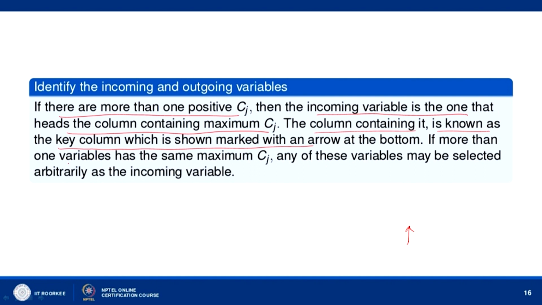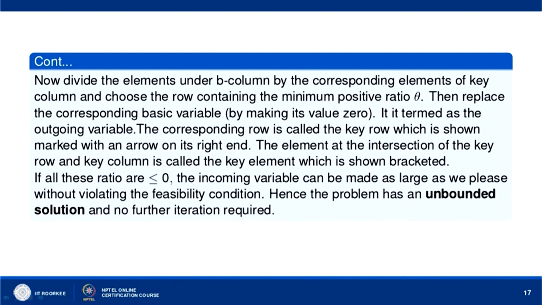If more than one variable has the same maximum Cj, any of these variables may be selected arbitrarily as the incoming variable. Now, divide the elements under the V column by the corresponding elements of the key column and choose the row containing the minimum positive ratio theta. That variable is termed the outgoing variable.